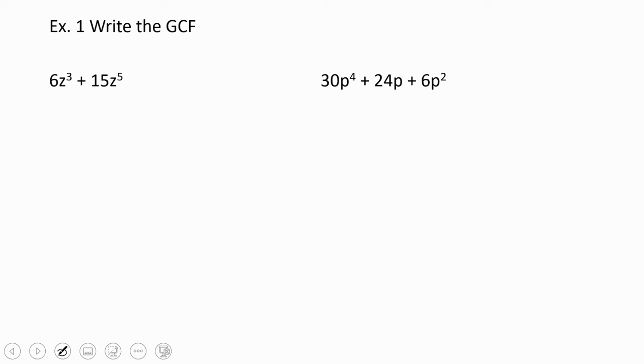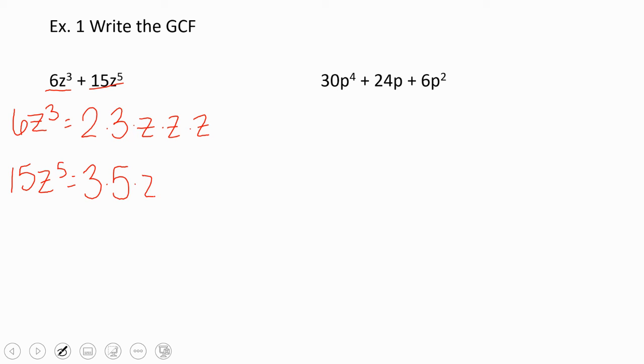Okay, so when we first look at this expression, we have 6z to the third and 15z to the fifth. I'm going to list out the prime factorization of 6z to the third, just to show you. It would be 2 times 3 times z times z times z, right? And then 15z to the fifth is 3 times 5 times z times z times z times z times z.